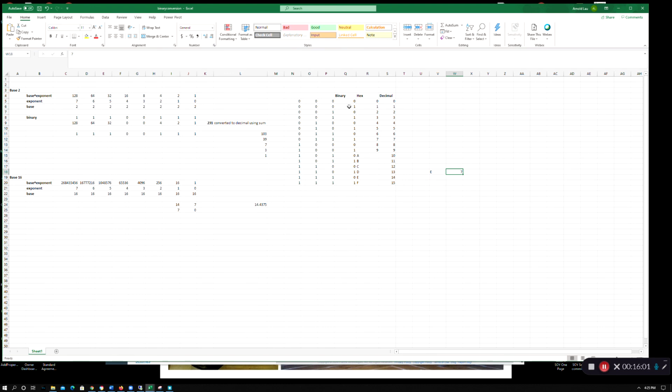You can show this. You can say, well, I know how to do all these binary, and I grouped it in sets of 4, and I mapped it to hex, and that's how I came up with this. So you just have to show that you have some sort of algorithm or process to do this conversion.